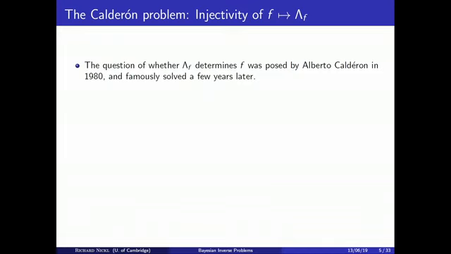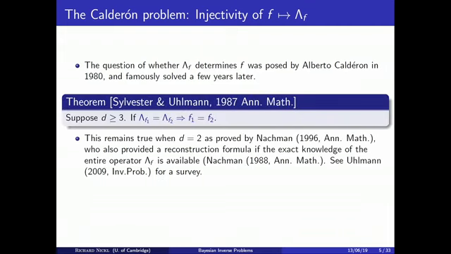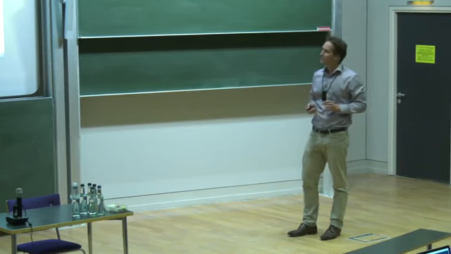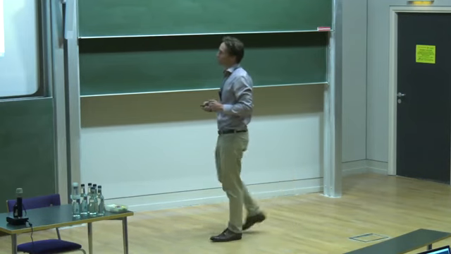This question was first systematically asked in 1980, and famously solved in a paper in 1987, which tells you that in principle there's injectivity of this map, which means that if you know the whole entire operator that sends all these boundary values into the Neumann data of the solutions of this PDE, then when these operators coincide, the corresponding conductivities have to coincide.